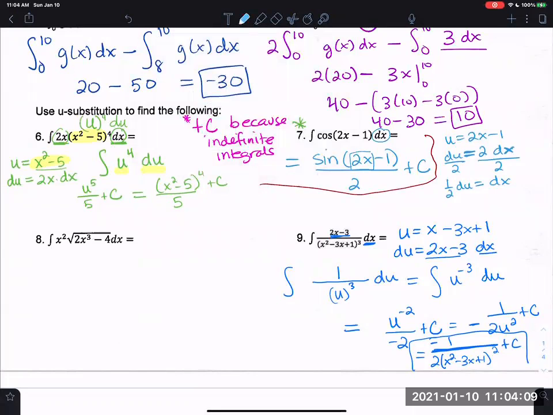Okay, so when I go to replace, I have 1/2 du. So in replacing dx, I'll put the 1/2 out front. It's a constant. I have the du right here where I normally put it. It's going to be right next to my new integral expression. And I have a u of 2x minus 1, so that is being replaced, right?